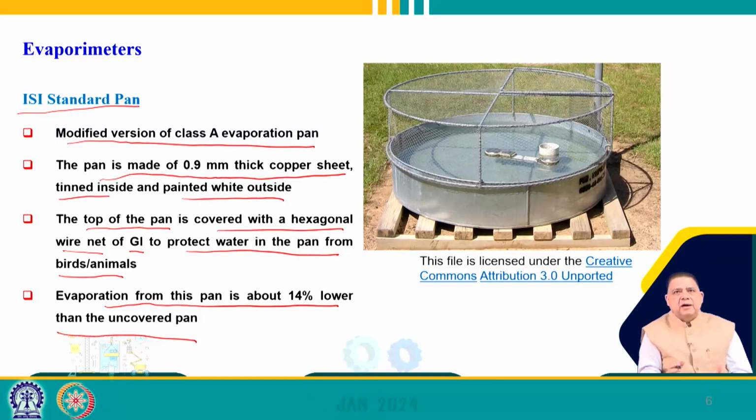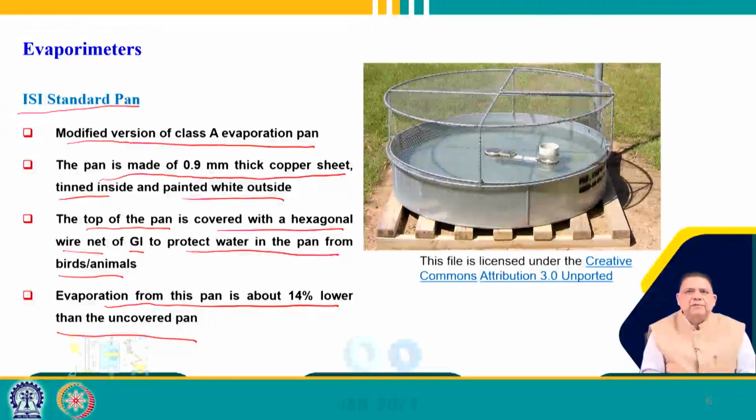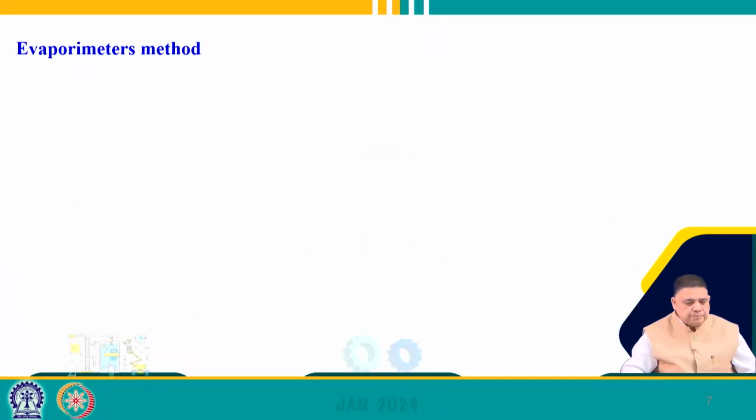Automatically, because of this covering, the evaporation value we get from this ISI pan is 14% lower than the uncovered class A evaporation pan, which we discussed earlier. So, this galvanized iron hexagonal wire net used to cover definitely helps give a better representative value of evaporation.